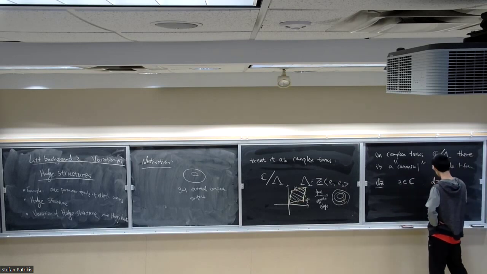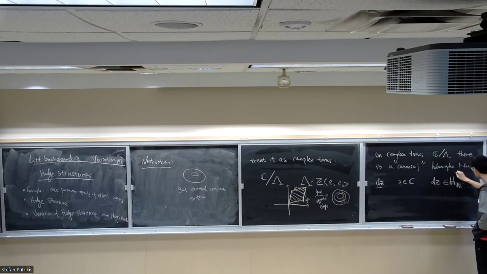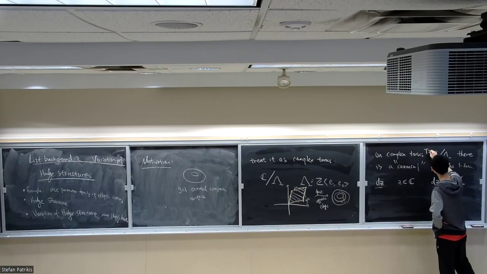So this dz defines a class in the de Rham cohomology of this torus. Let's just call this dz.